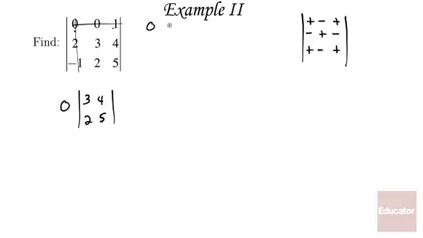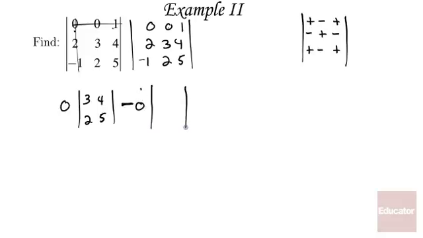Okay, rewriting this just to make it really clear what's happening. Now, next I'm working with this 0. It's a 0, so it doesn't matter, but had it been another number, it would have mattered that this would have been a negative sign associated with it. So right here, I'm going to write a negative 0.